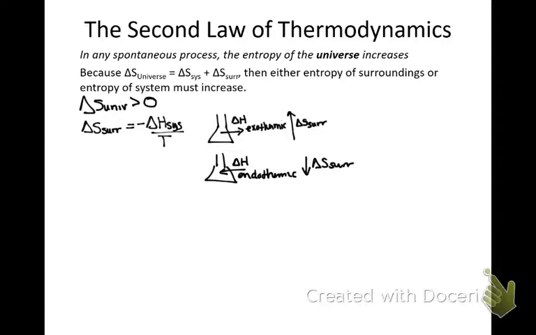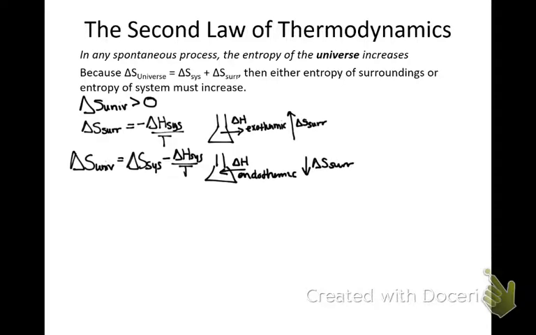Okay, so let's go back to that second law of thermodynamics thing. If we have delta S of the universe, we said equals delta S of the system, and then instead of delta S of the surroundings, we're going to put in negative delta H of the system divided by T. Okay, now that's fine, but that T there is kind of awkward, and then there's a negative sign in front of delta H that we're going to find is awkward for us later.